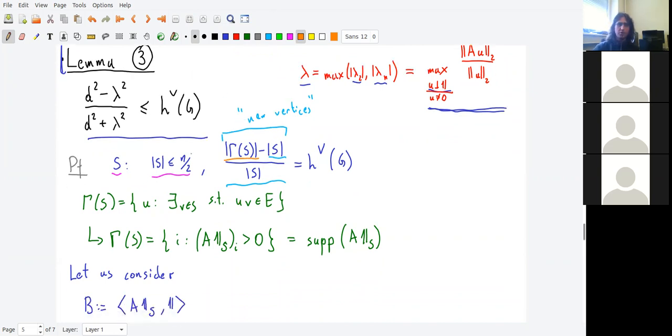So recall that gamma of S is the set of all the vertices for which there is a vertex of S from which you can be reached within one step.